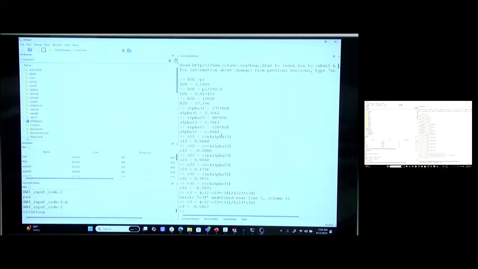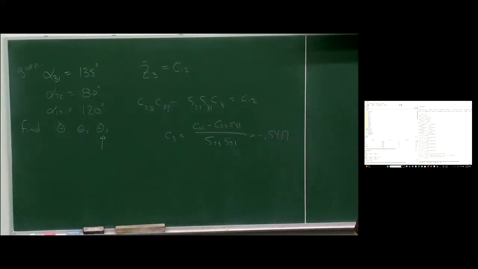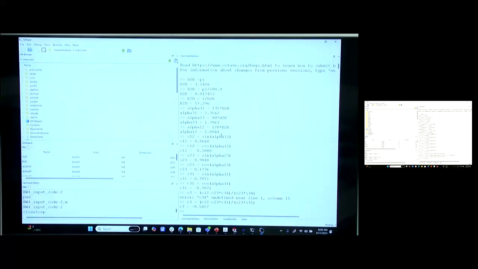And we got a number, negative 0.5417. I'm pretty happy it's between plus or minus 1, because we're going to inverse cosine it to find theta 3.